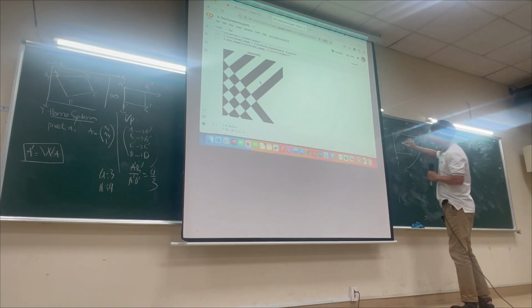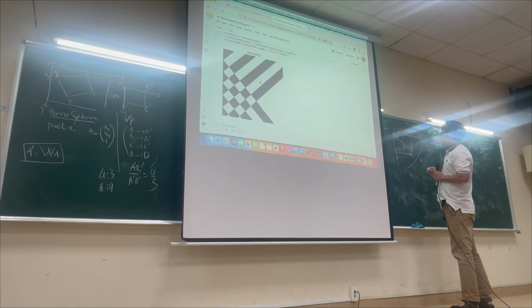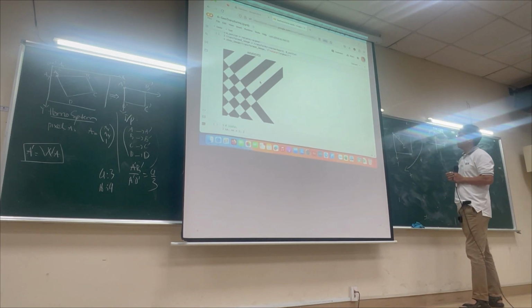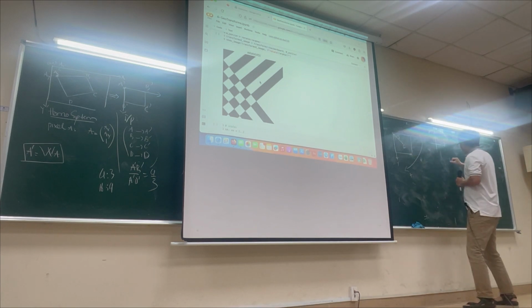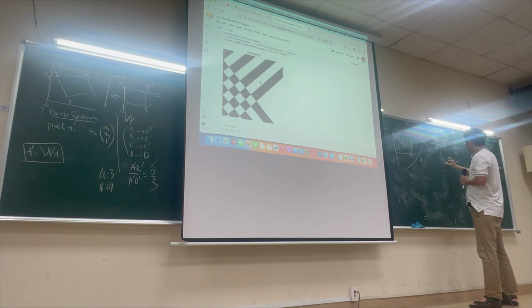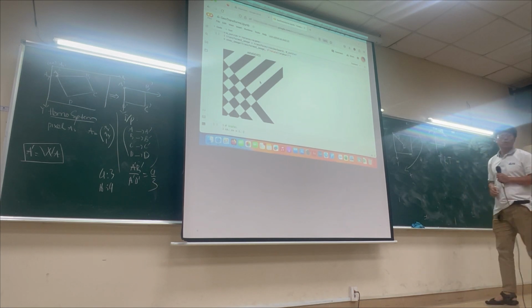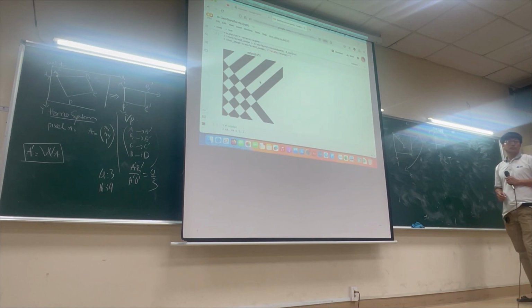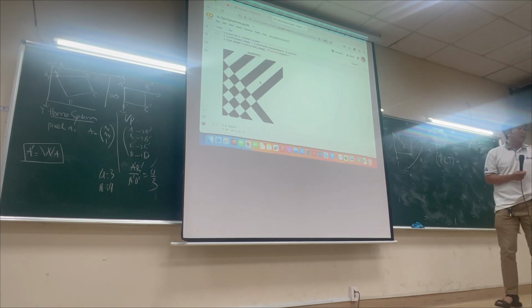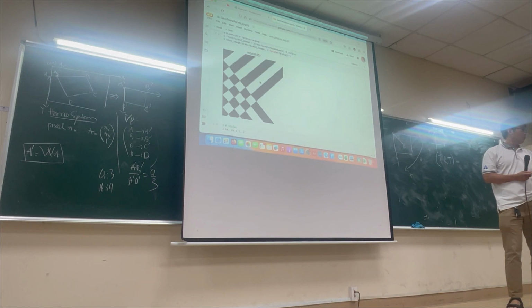Translate, then rotate, and translate back. Okay, that's it. So here the input and output are the same sign, right? You do like that.